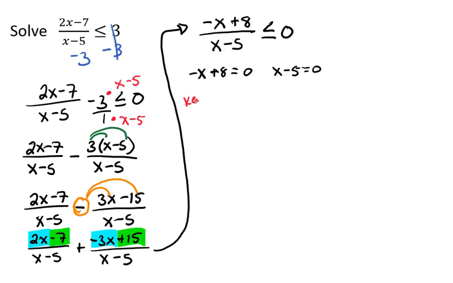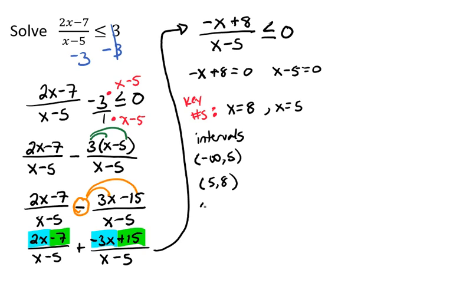So our key numbers here are going to be x equals 8 when we solve the first one, and x equals 5 when we solve our second one. So that's going to give us the intervals from negative infinity to 5, then from 5 to 8, and then from 8 to positive infinity.